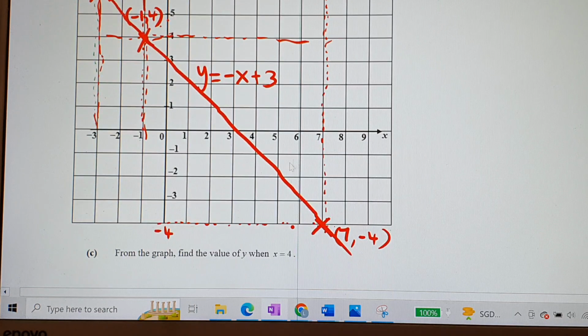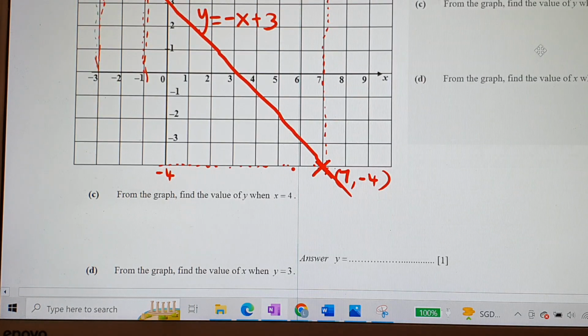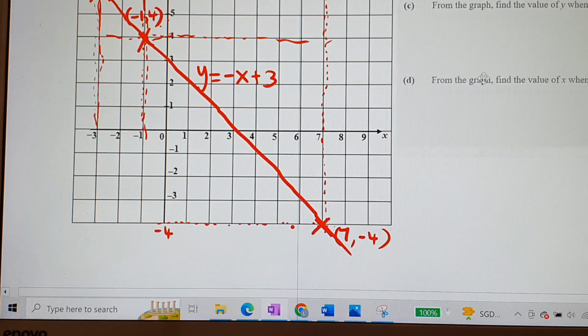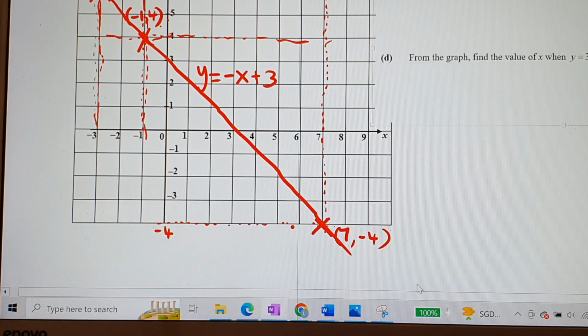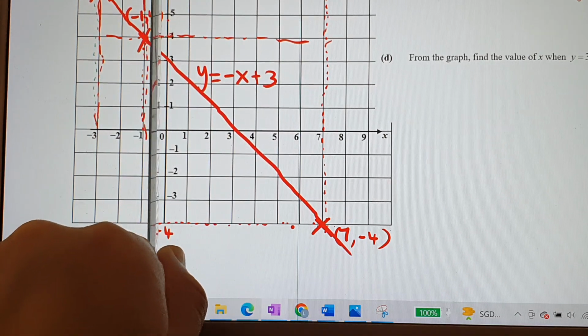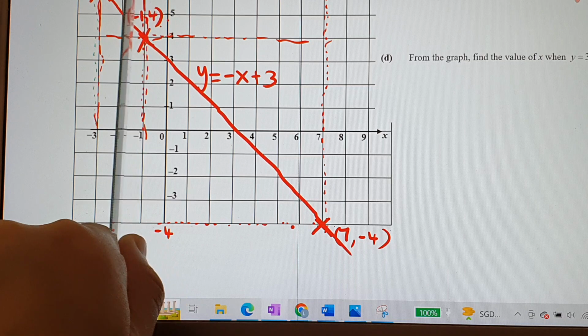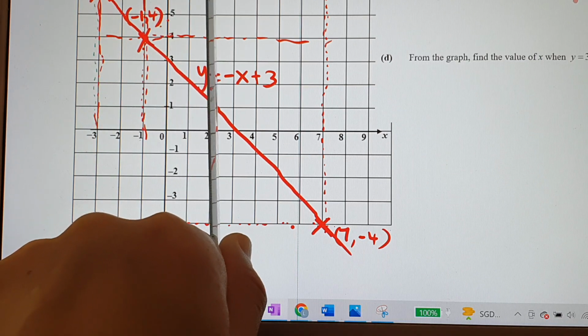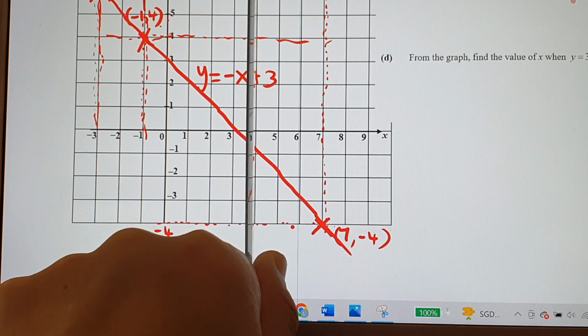Now the next part of the question, they asked you to find from the graph. The keyword here is from the graph. Find the value of y. That means they want you to find what y equals when x equals 4. Where is x equals 4? This is x equals 0, x equals minus 1, minus 2, minus 3, x equals 0, x equals 1, 2, 3, x equals 4 is here.